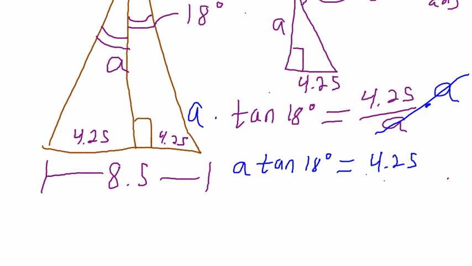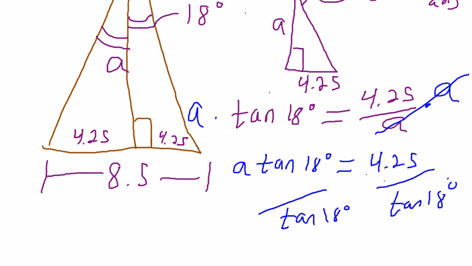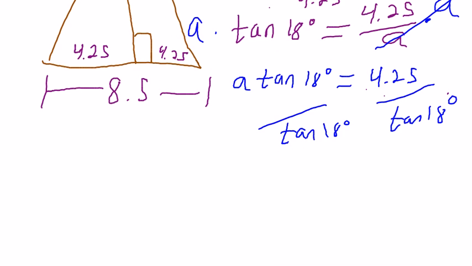But I need to get A by itself, so we'll divide by tangent of 18. And so now those cancel, and I have A equals 4.25 over tangent of 18.